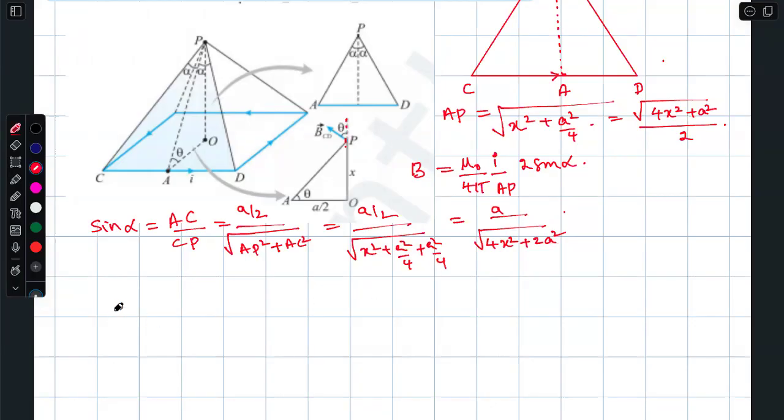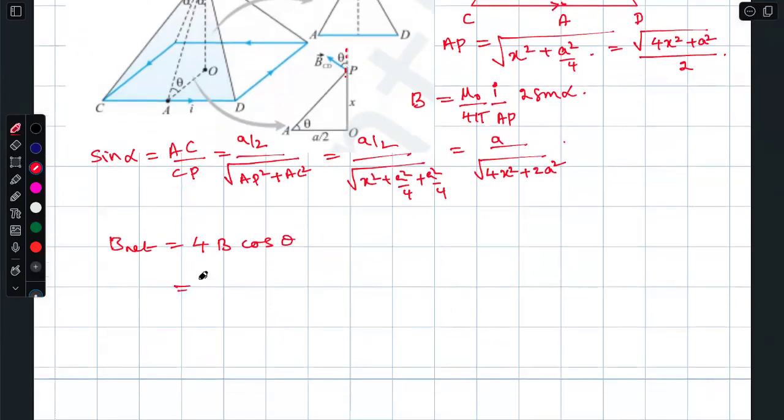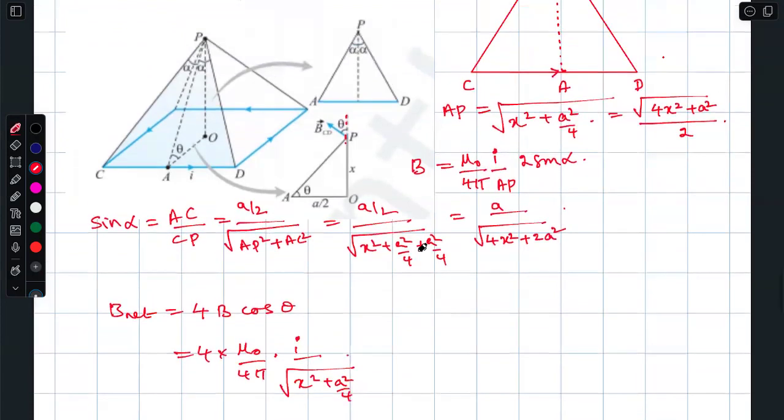So your answer is B net is 4 times B times cos theta. 4 times mu naught by 4 pi I by AP, I have AP value, which is nothing but x square plus A square by 4, into cos theta. Can you please help me in writing cos theta? What is cos theta?